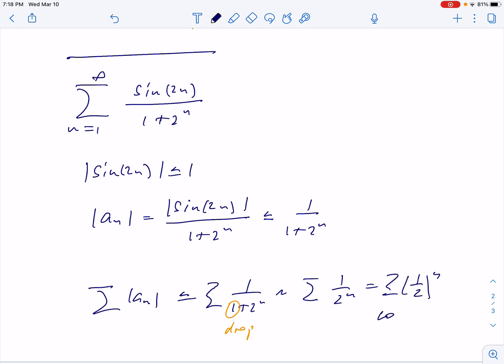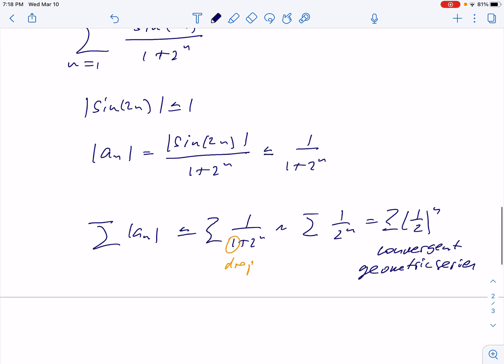And this is a convergent geometric series. Convergent geometric series. And we're not computing, the series is not important to know the value. The comparison test here works very well.